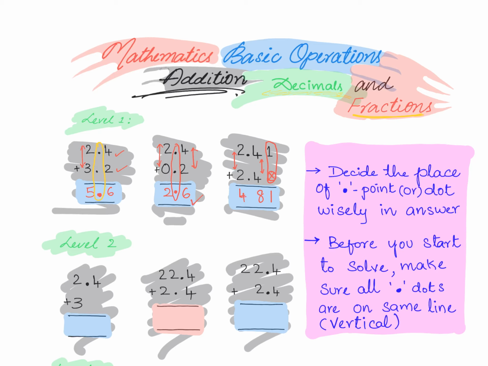What is the final thing? We need to make sure the point is placed in the same column. So what is exactly the difference between the addition of integers and the addition of decimals is the point or dot. Decide the place of the dot or point wisely in the answer.